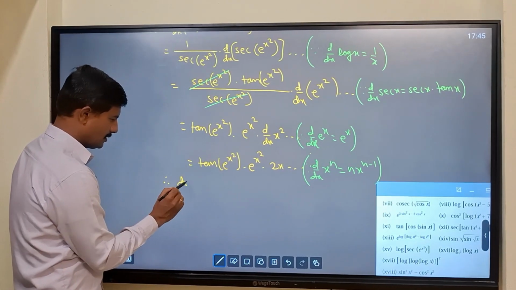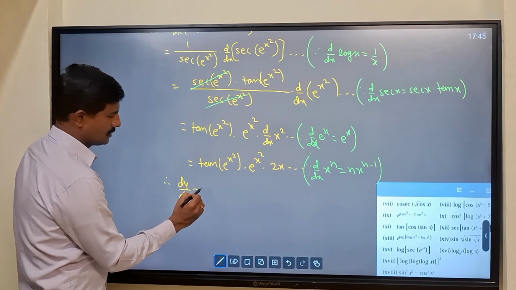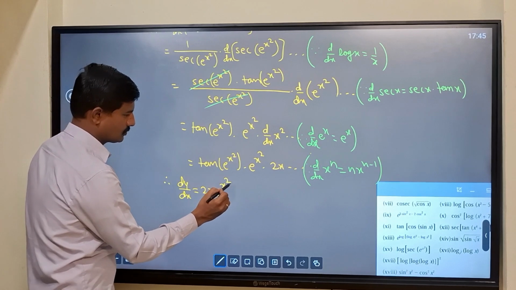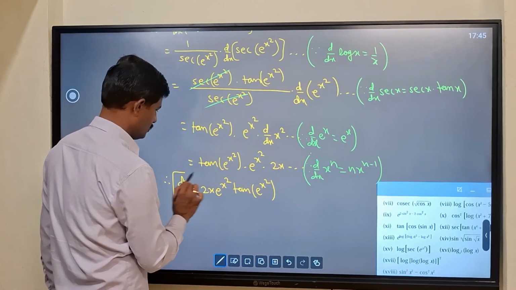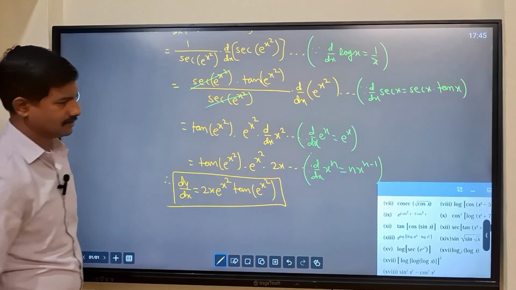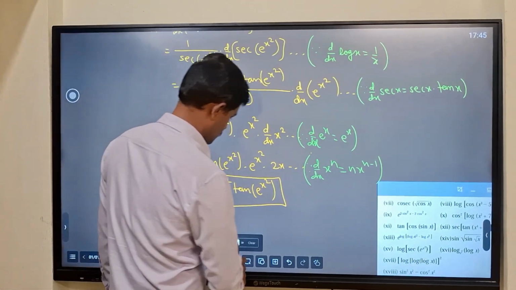Therefore, dy by dx is 2x e raised to x square tan of e raised to x square. This is your answer. Now, next one.